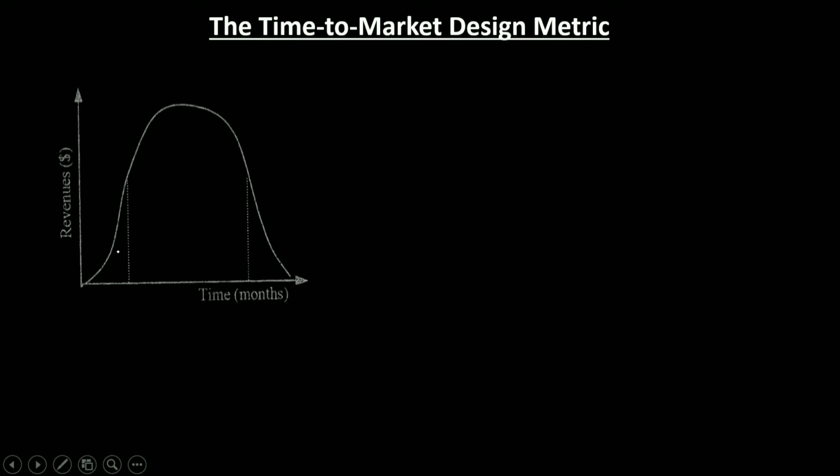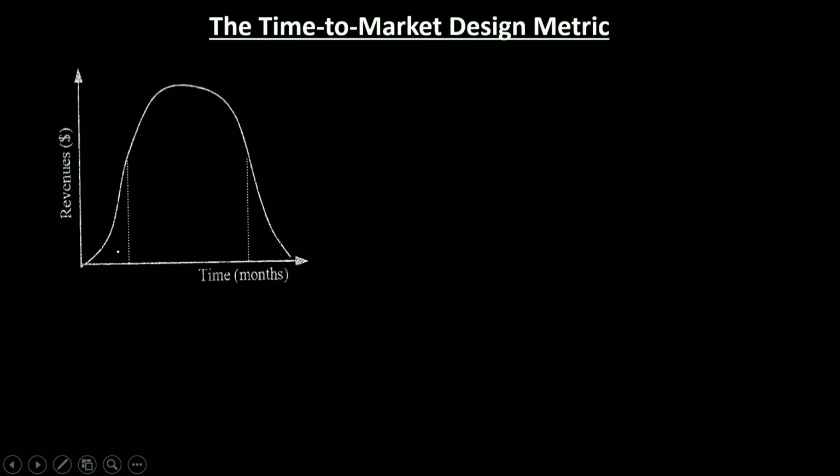We can see this first graph where on the x-axis we have time in months and on the y-axis revenue. We are seeing a graph which is firstly increasing, and if in appropriate time we accomplish the project, we will be getting the right revenue, and after certain months it will go on decreasing.